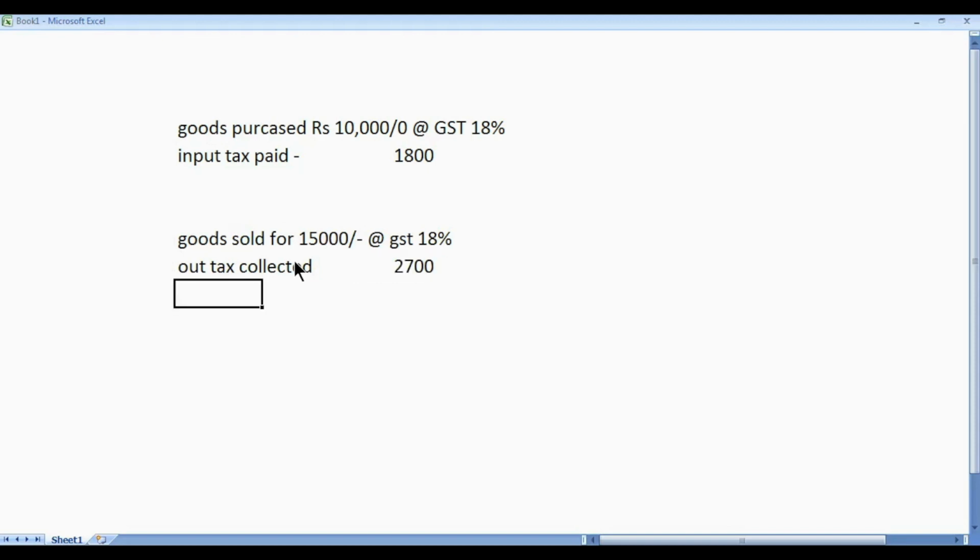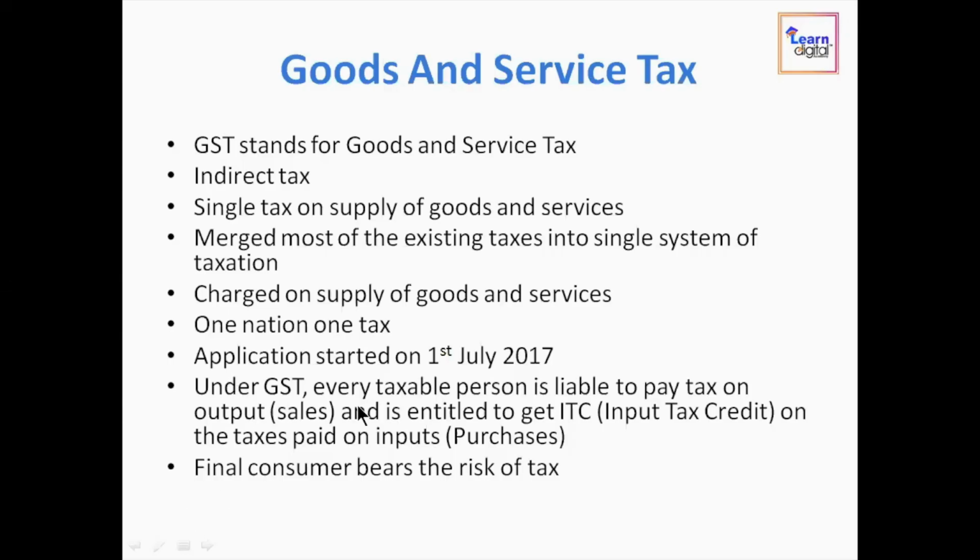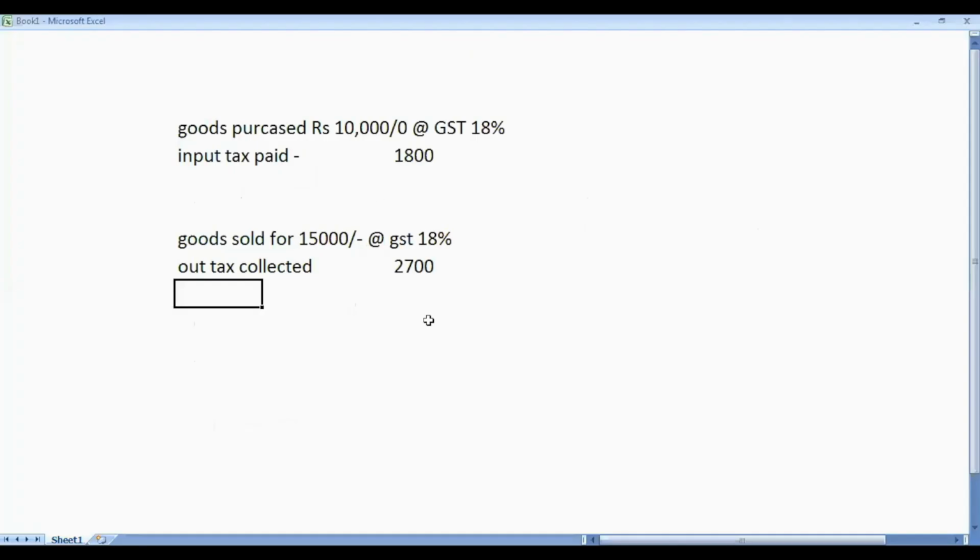Now, the statement says that every taxable person is liable to pay tax on output sales. So the goods sold, that is output sales, is 15,000. Tax collected on that is 2,700. It means the business needs to deposit this 2,700 to the government as output tax.